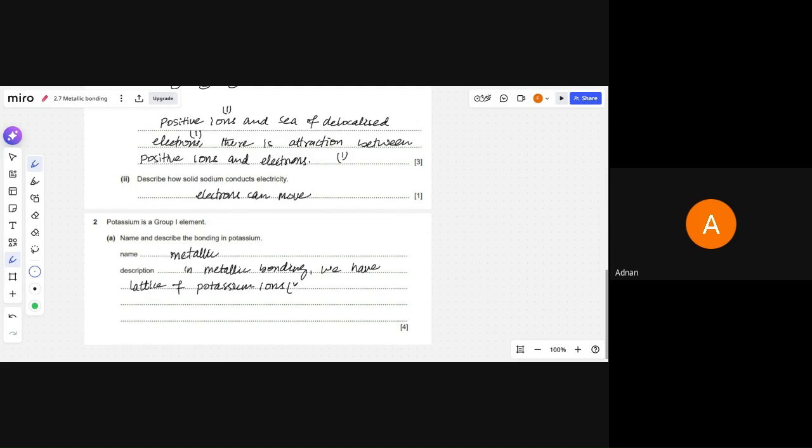This sentence is going to get you 1 mark, and naming metallic bonding will get you another mark. And a sea of delocalized electrons. A sea of electrons is also sufficient. You don't have to write delocalized, but use it to be on the safe side. So use sea of delocalized electrons.